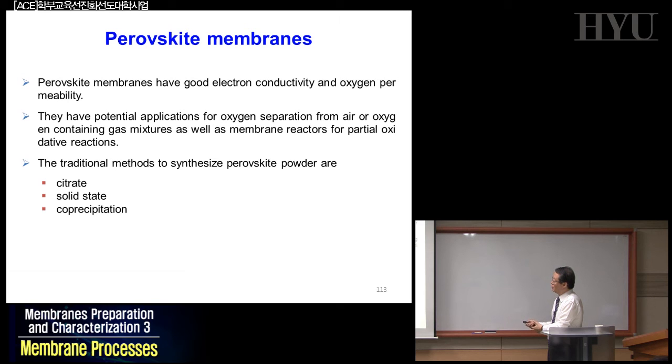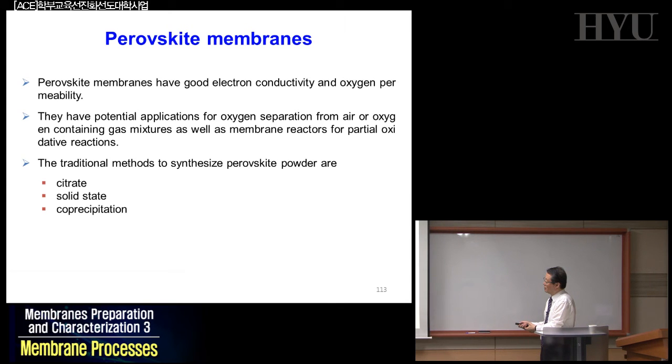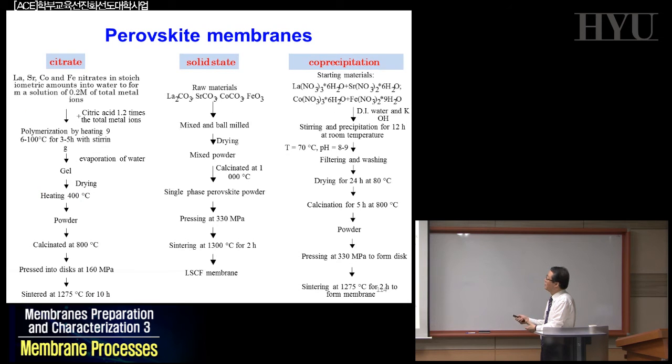Traditional ways of making this perovskite powder include citrates, solid state and coprecipitation, but they have different procedures, which I do not want to repeat in this case, because one reason might be I do not know much about this, and the second reason is that it's a little bit complicated.